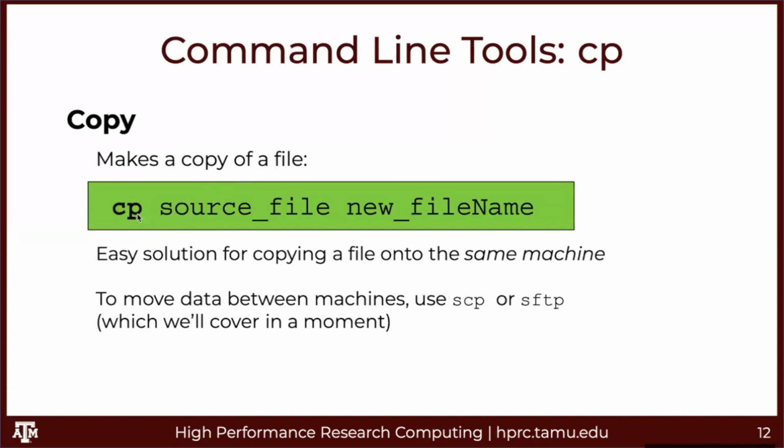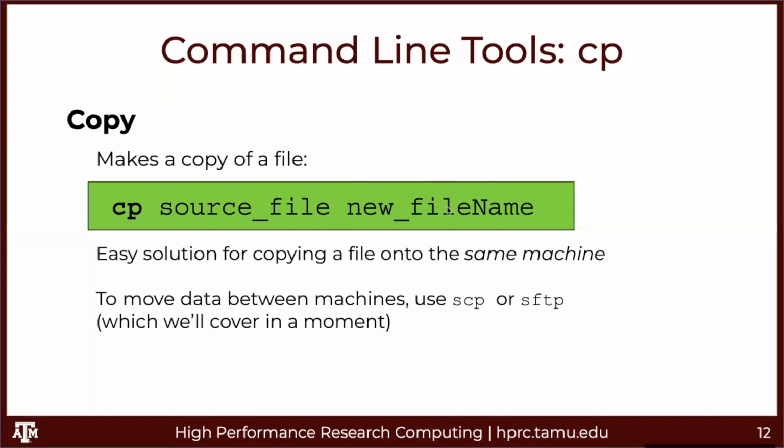So let's get started with the copy command, which in Linux you would use cp, which stands for copy. This command is very straightforward. It does what it intends to do. When we want to copy a file, we just run cp, space, the name of the file that we want to copy, space, the new file where the contents will be copied into.